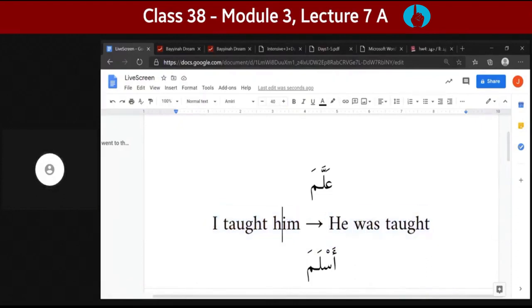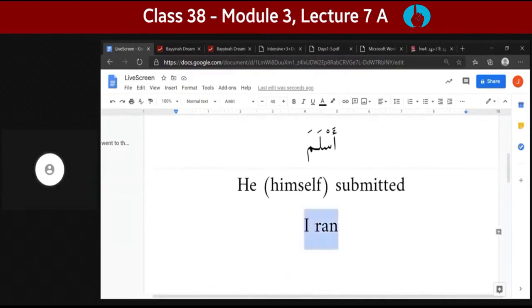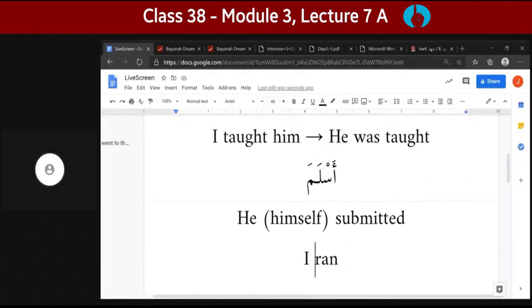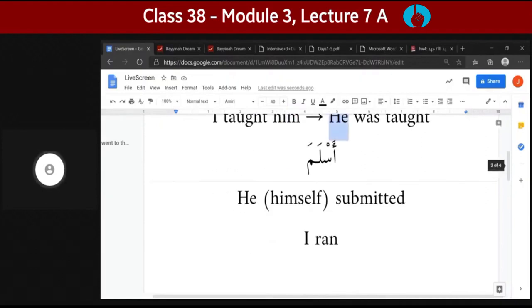Only transitive verbs can be put into passive form. Intransitive verbs cannot be put into passive form. It doesn't make any sense if you try. Like when I tried to do it with run, I can't take the doer away because it's intransitive. I don't have an object that can take the place of the done to. Here, him became the done to, but I don't have anything like that in I ran.